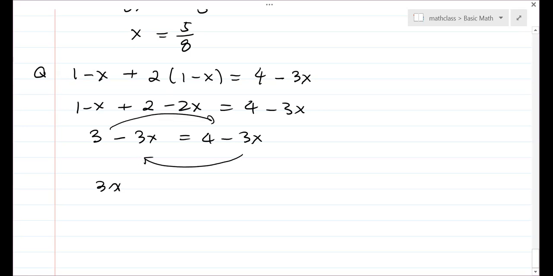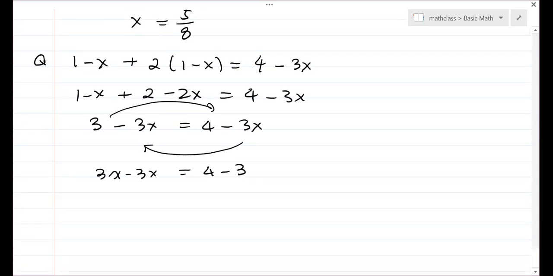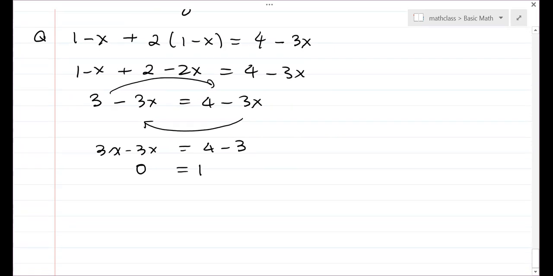So 3x minus 3x equals 4 minus 3. You have to change the sign always, from negative 3x to the positive 3x. All right, so you get 0 equals 1. What does that mean? Impossible. So that means no solution. That's it. Right, we said that, right? No solution.